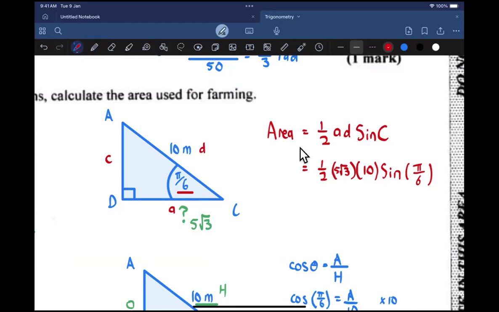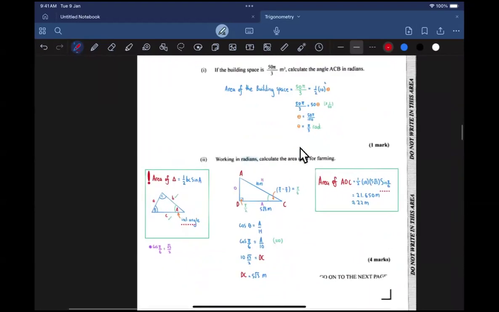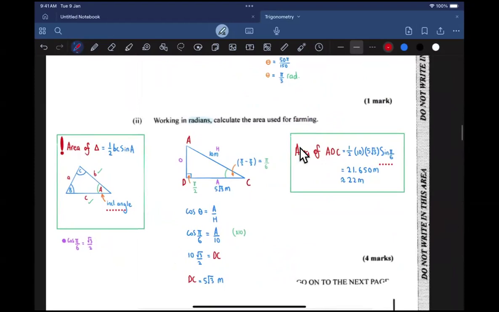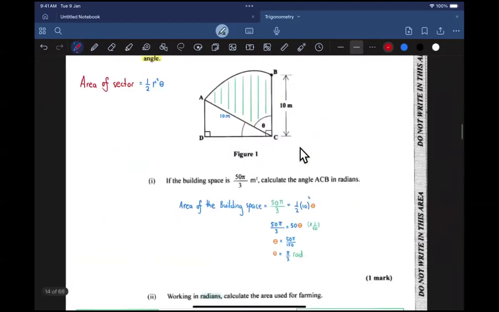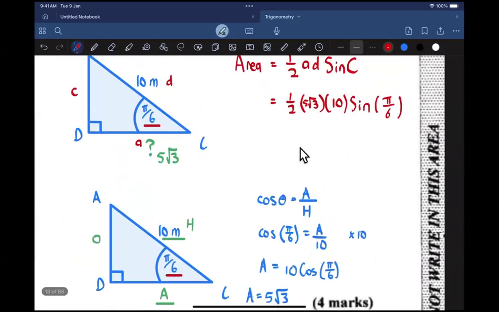Nicholas, did you do this? I see real trouble. Let me tell you why. From 10 cos pi over 6, my exquisite Sharp calculator did not work properly. It would never give you an answer in that form.